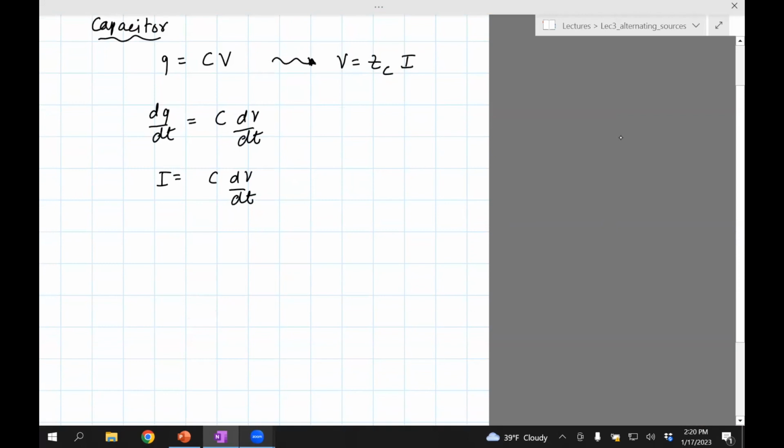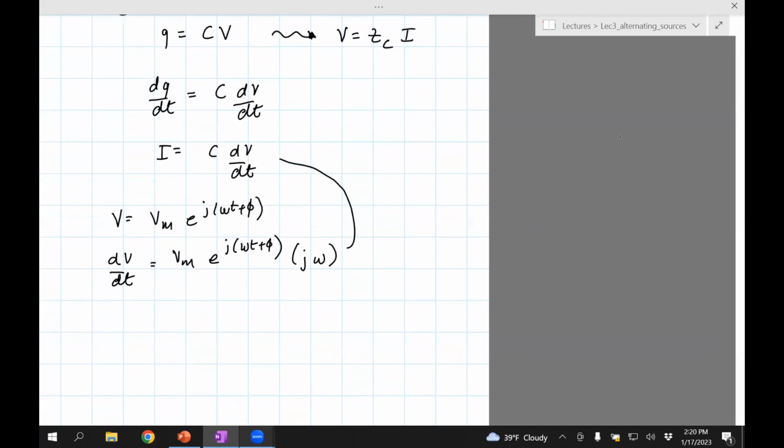So in order to make this into ZC, we'll start by assuming V equals Vm exponential j(omega t plus phi). dv/dt, like the previous example, would be exponential j(omega t plus phi) times j omega. Now if we sub this into this expression, we have I equals C times Vm exponential j(omega t plus phi) times j omega.